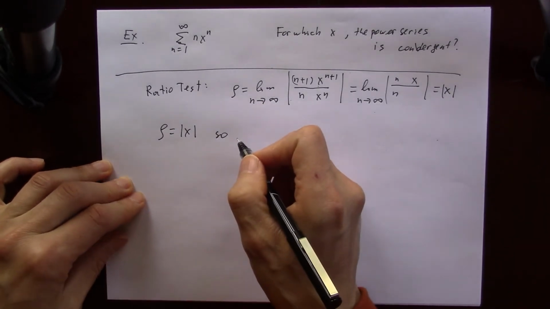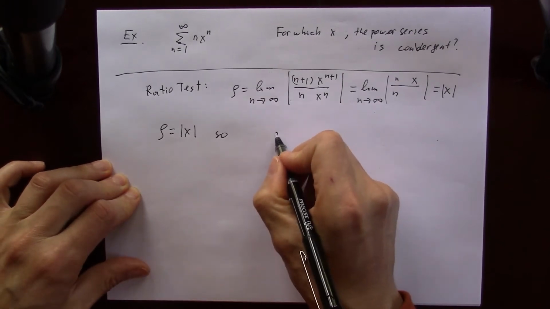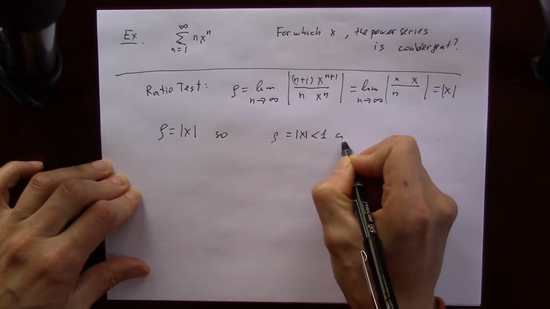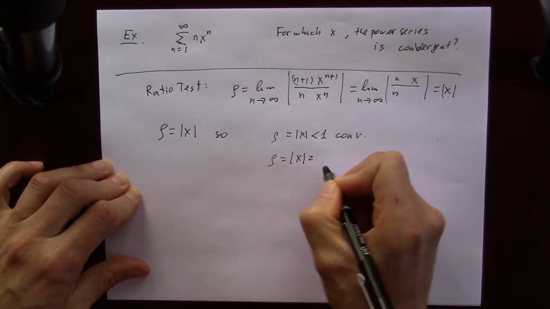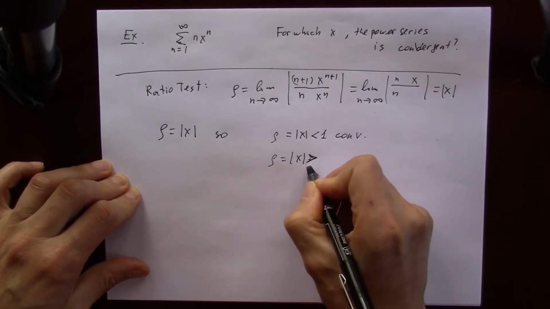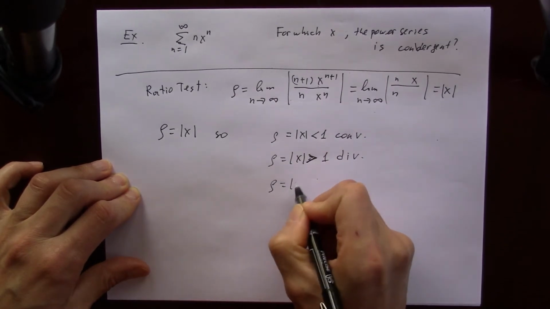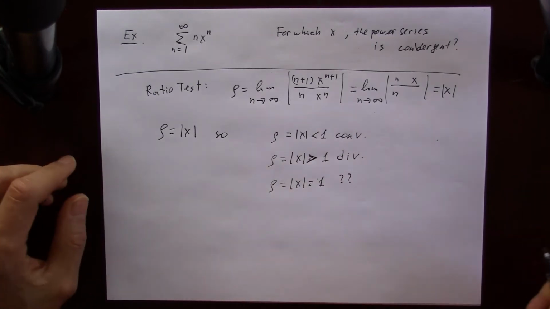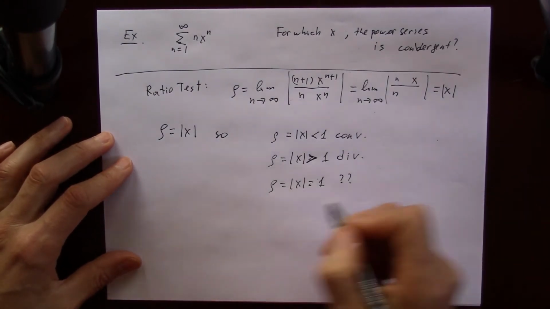So recall the ratio test. If rho is less than 1, it's convergent. So in our case, rho equals the absolute value of x less than 1 is convergent. Rho bigger than 1 is divergent, and rho equal to 1 is a question mark. So what we've got is the following situation.